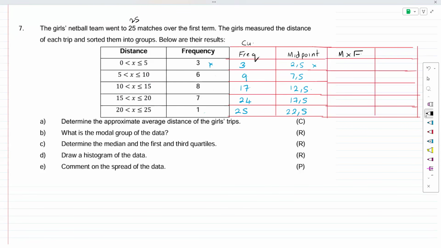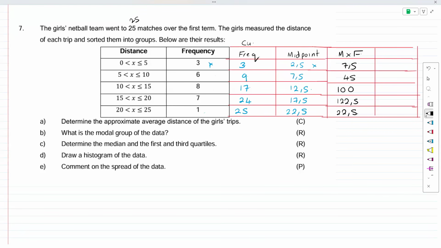So let's take a bit of effort here. 7.5 times 6 is 45. 8 times 12.5 is 100. 7 times 17.5 is 122.5. And 1 times 22.5 is just 22.5.